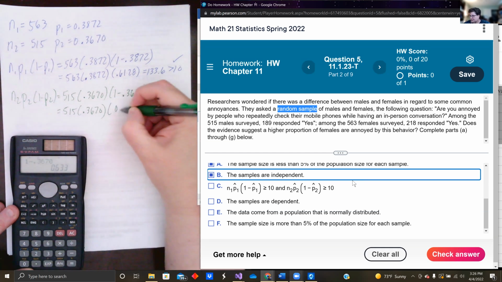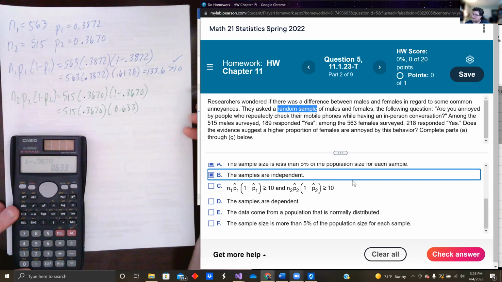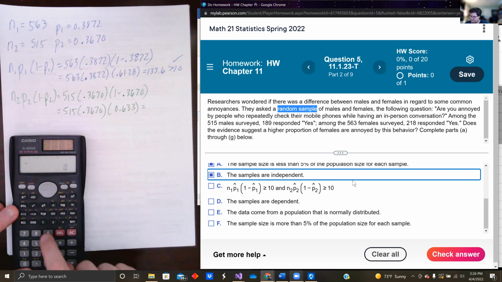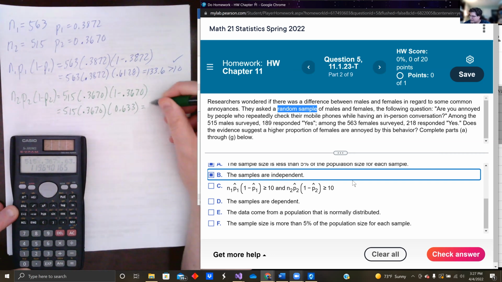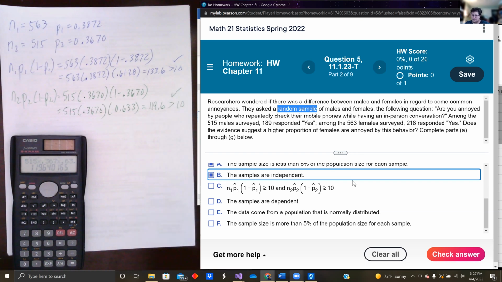I mean 0.633. And now I'll multiply them all out. That's 119.6. That's also greater than 10. So I met those requirements.